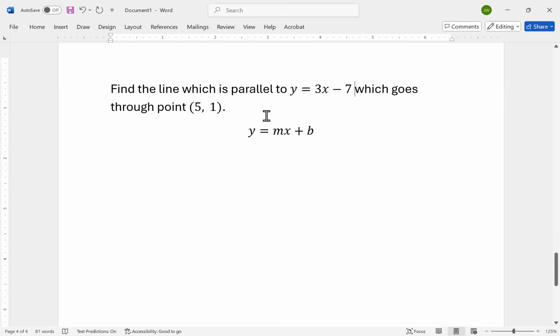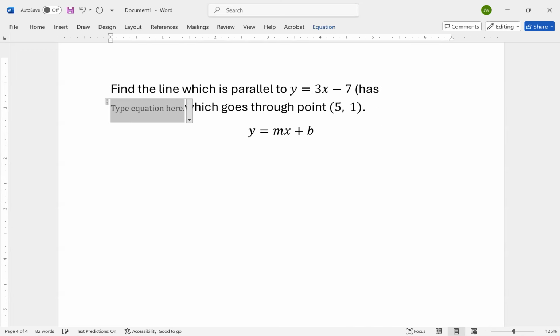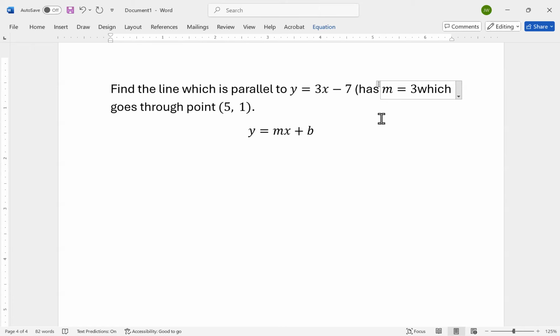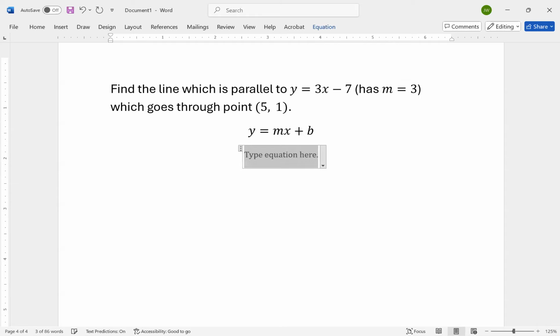All right, so we want our line to be parallel to this one. Now this one, I want to point out, has slope of 3. So because that one has slope of 3, then my line also needs to have slope of 3. So my line is going to look like y is equal to 3x plus b.